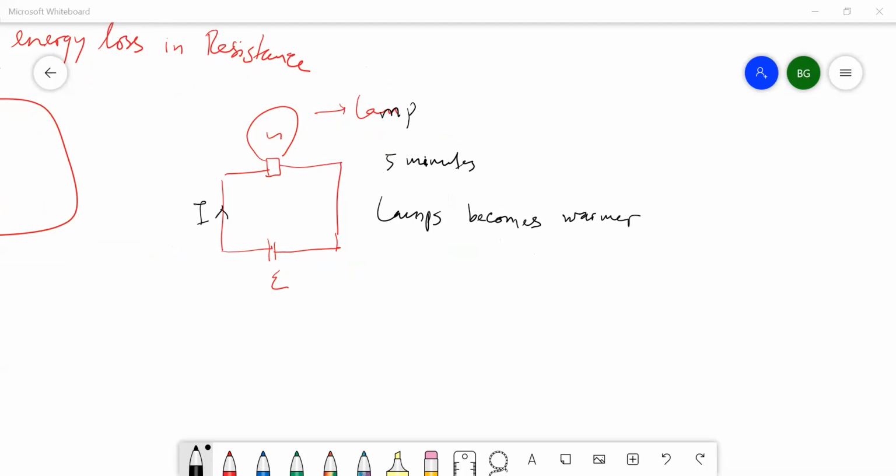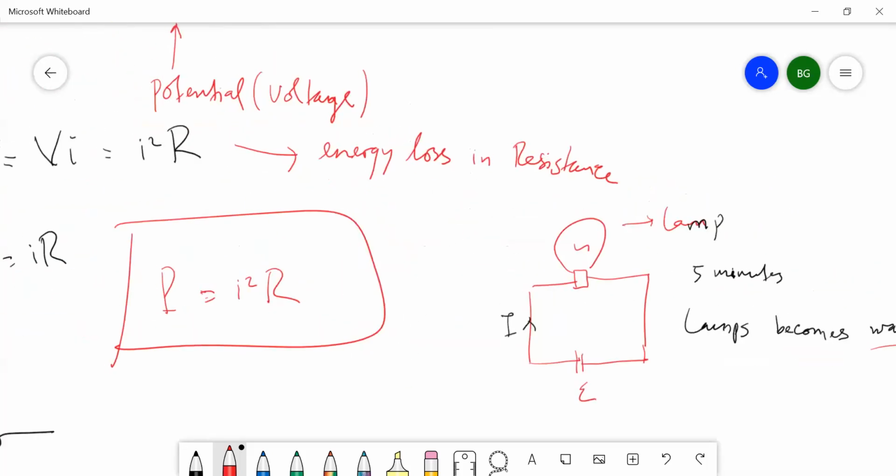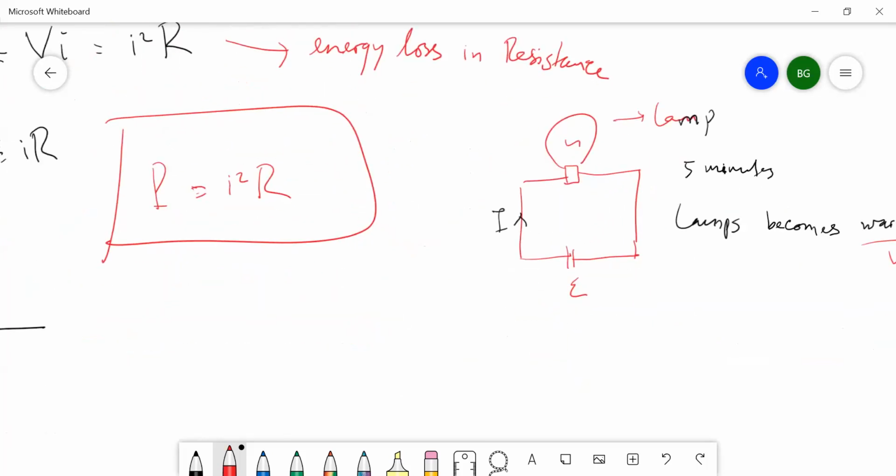This warmth is related to heat, heat transfer. This is the proof of the energy loss. So the energy loss, this one, is related to the heat here.